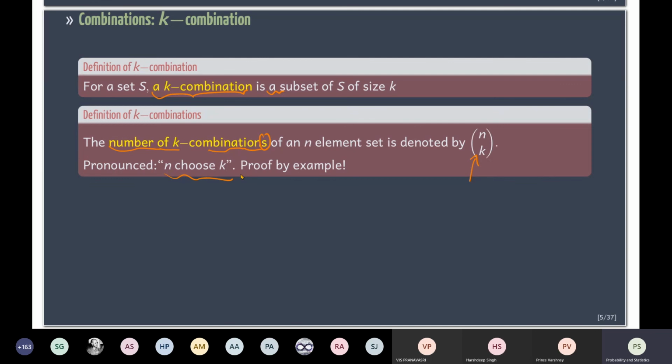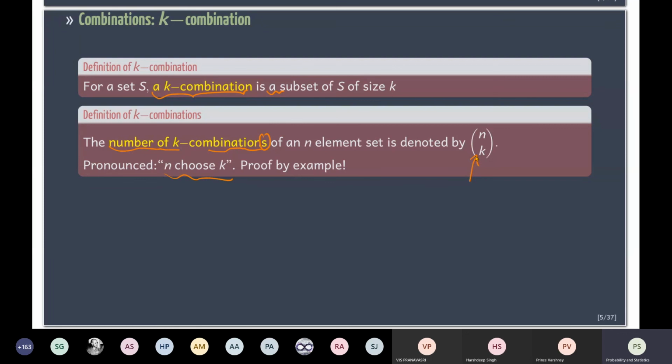Out of n friends, we want K friends, so we will go by the same logic as before. n times n minus 1 times dot dot dot times n minus K plus 1. That will be the K permutation we compute first.